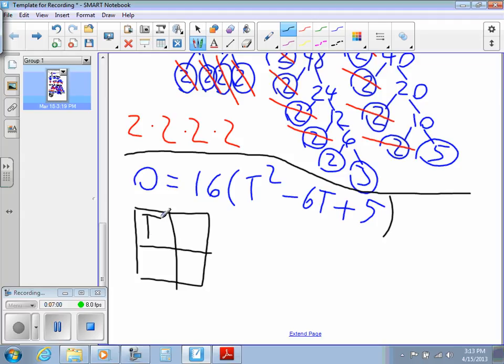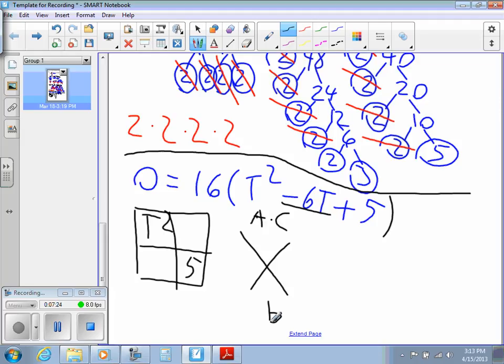We have t squared here, and 5 here. And of course we need to take this middle term and break it back apart. So we'll use our x with the air conditioner on the roof, and the basement under the house.